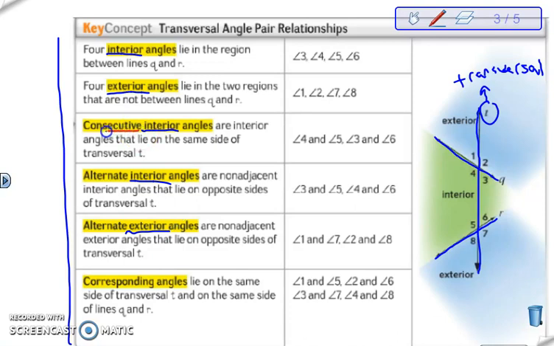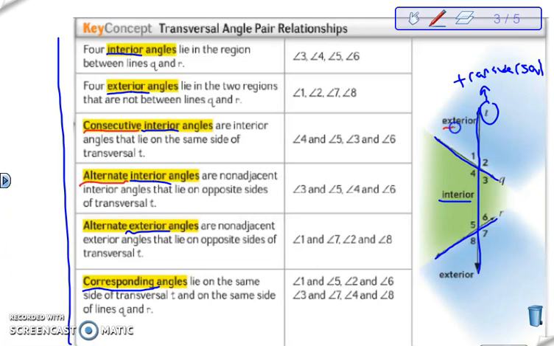We have consecutive and alternate. And then the one guy that's by itself is corresponding. So if you look at the picture on the right, interior is inside, right? It's in between the two main lines.